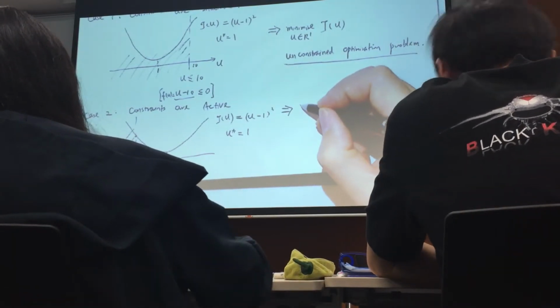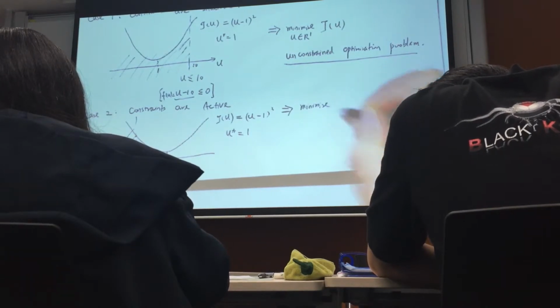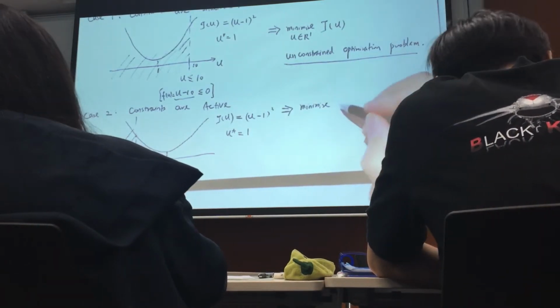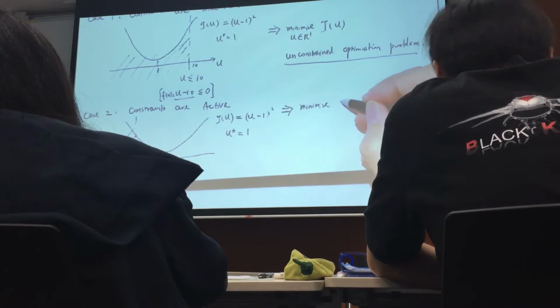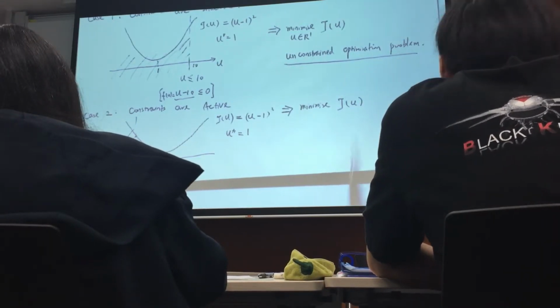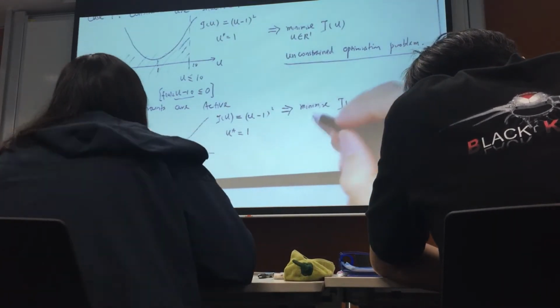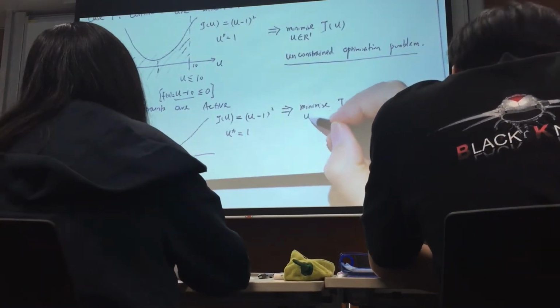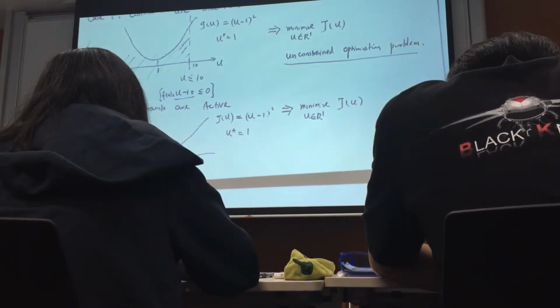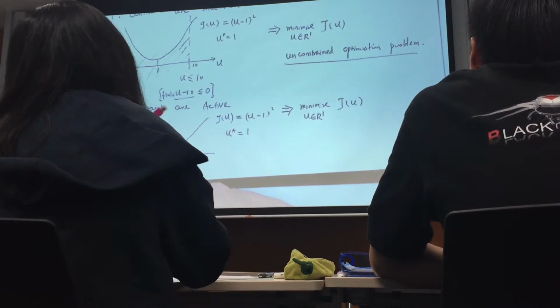So this is equivalent to minimizing the scalar function J(u), with u belongs to R1, but now subject to this constraint.